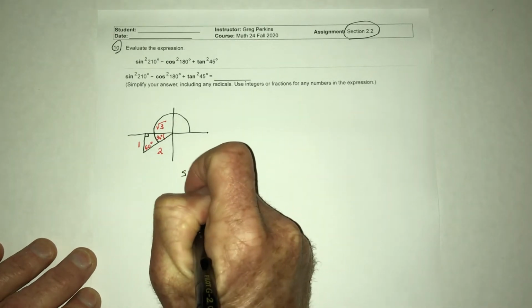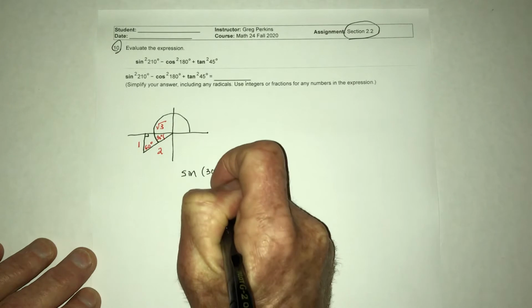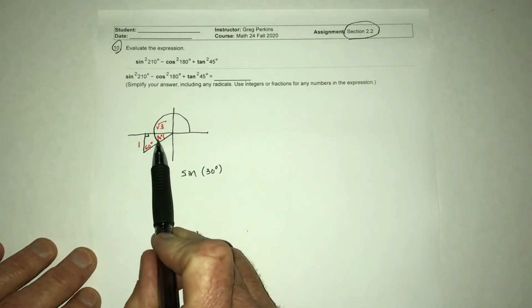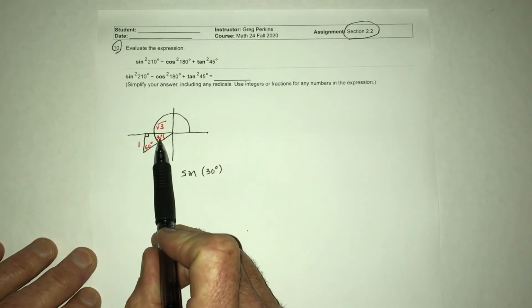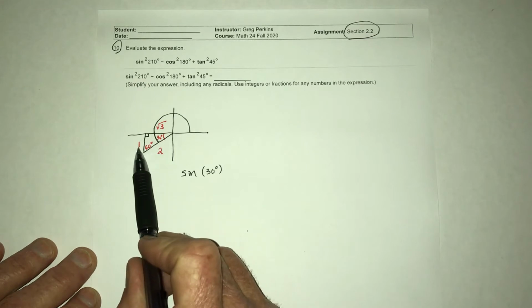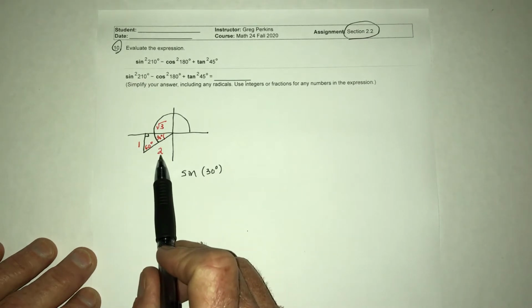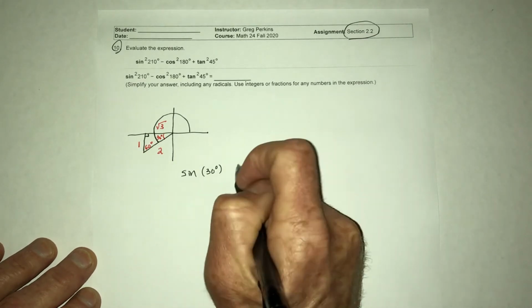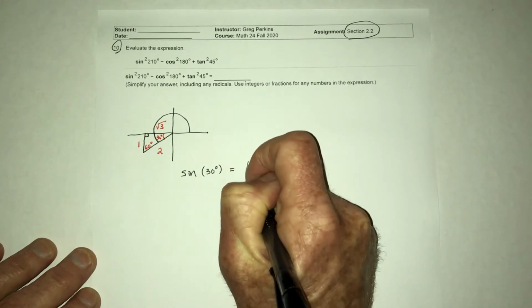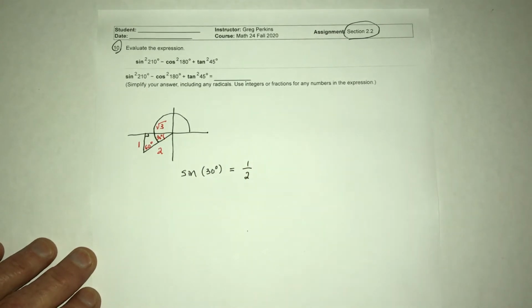So sine of 30 degrees. If I use the 30 degrees, sine is going to be opposite over hypotenuse.